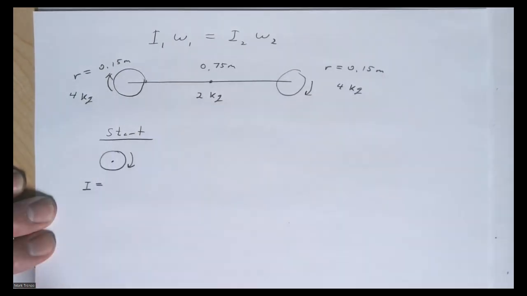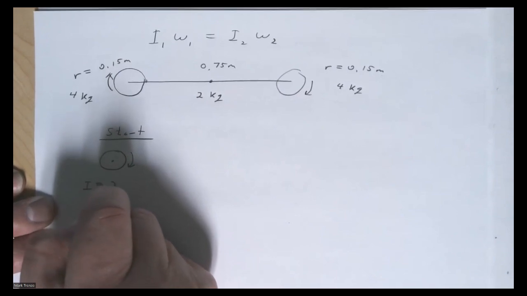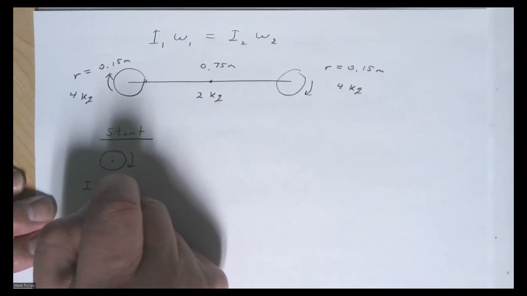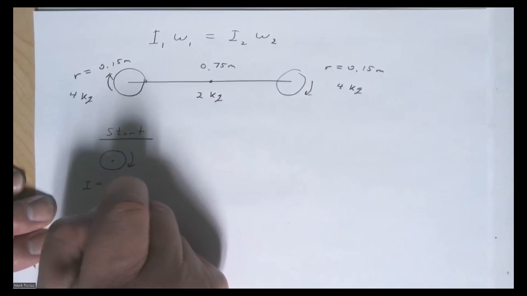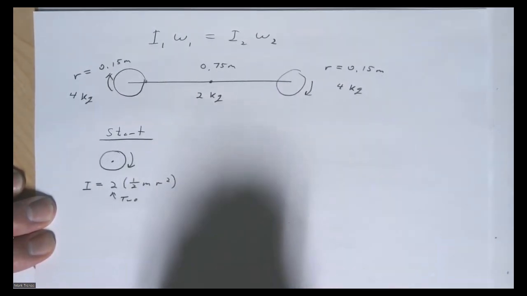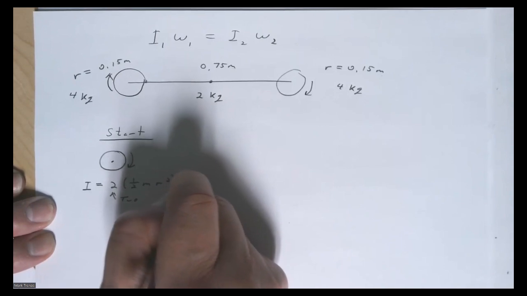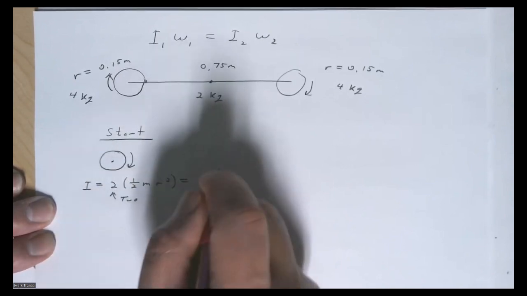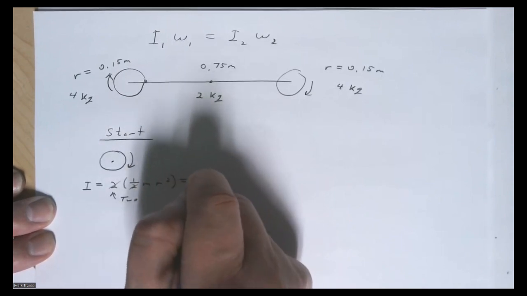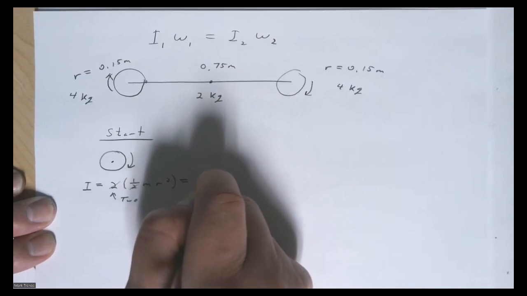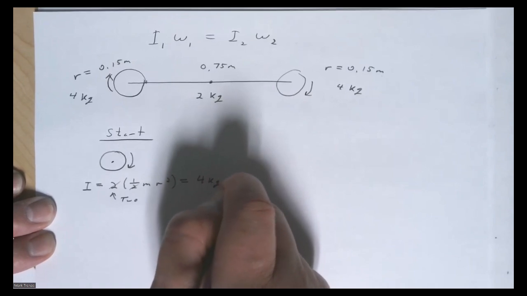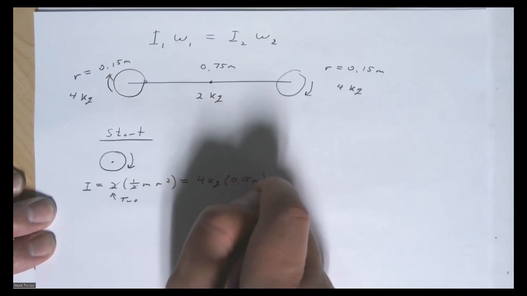Now we have two disks. And so it's going to be 1/2 mr squared, which is going to be, the twos will actually cancel. So we'll end up having 4 kilograms times 0.15 meters squared.